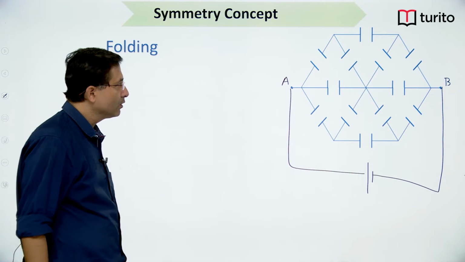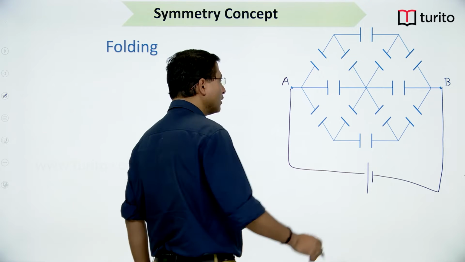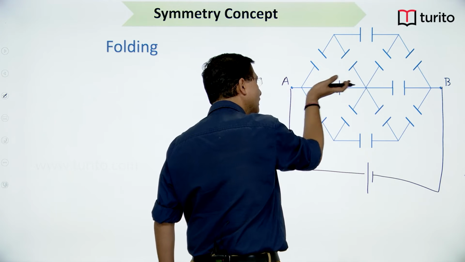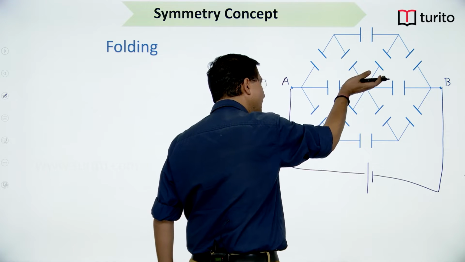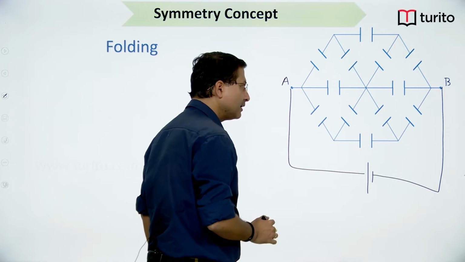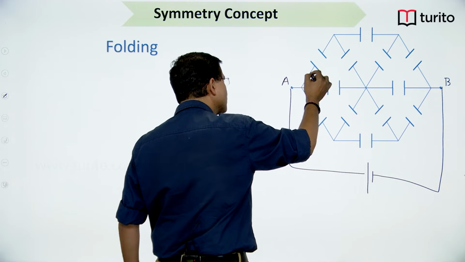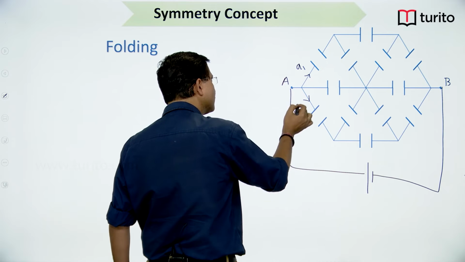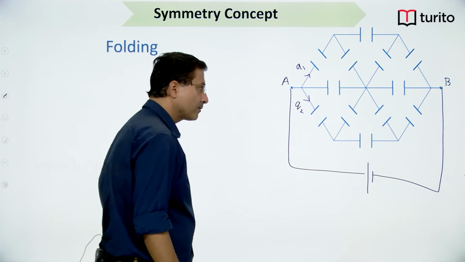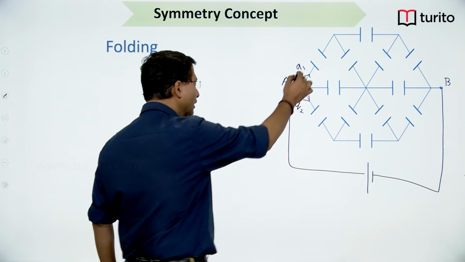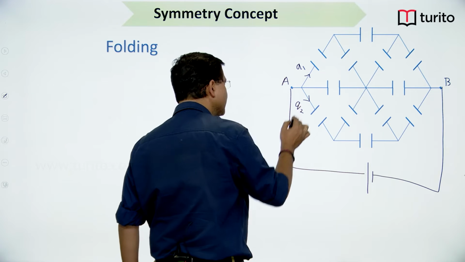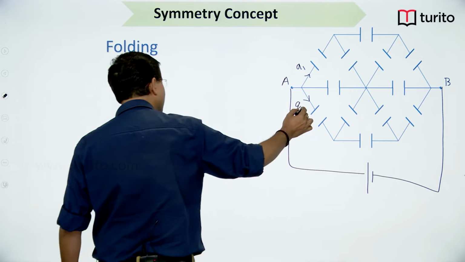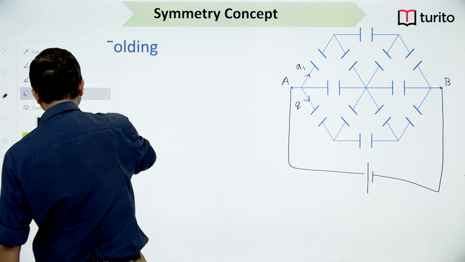So whatever I see above this line, the same I see below this line, that means whatever is given to this one, let it be Q1, the same will be given to this one, Q2. So as there is folding symmetry, these two charges are the same, I can write here Q1, right.